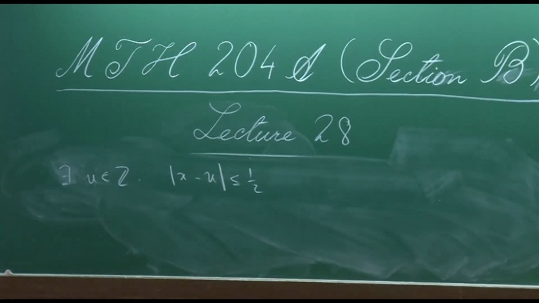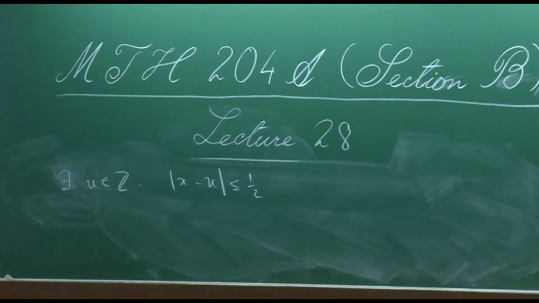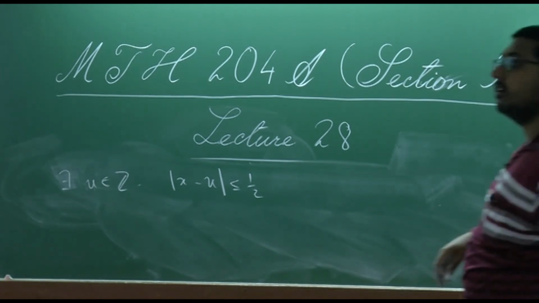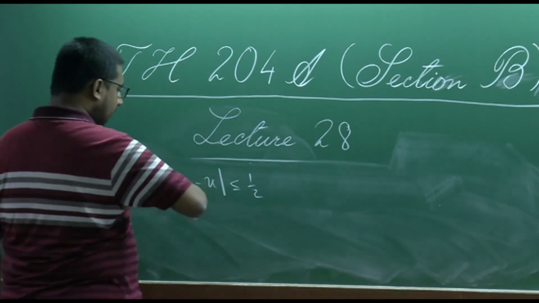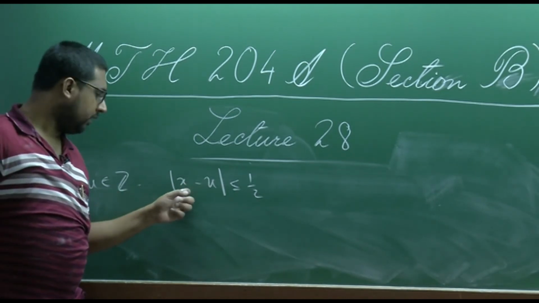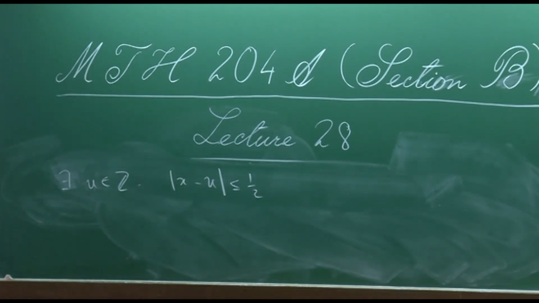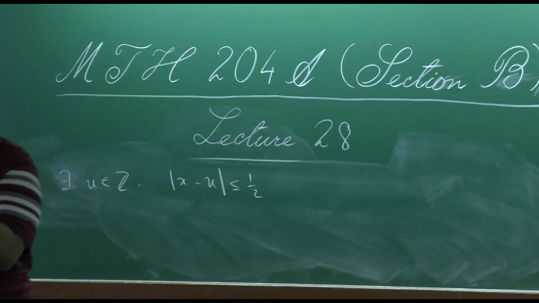The reason for picking up this x and u is motivated from this picture that given a point we are going to pick up a lattice point which is closest to the given point. That is what exactly we are doing, and this is nothing but a very simple thing: for a given x, the greatest integer less or equal to x and something added to that, one of them must be at a distance less or equal to half.